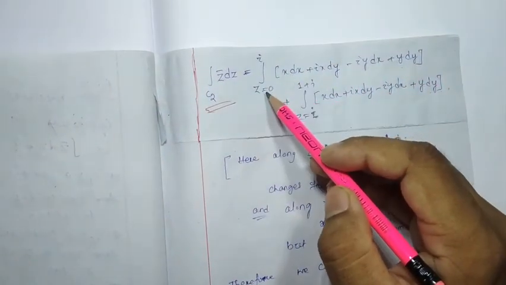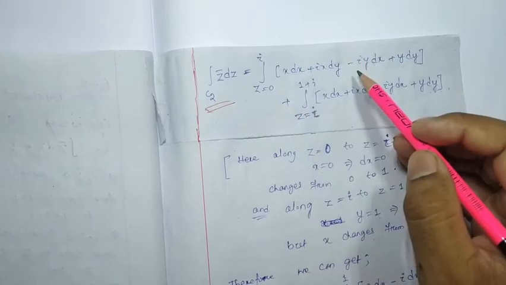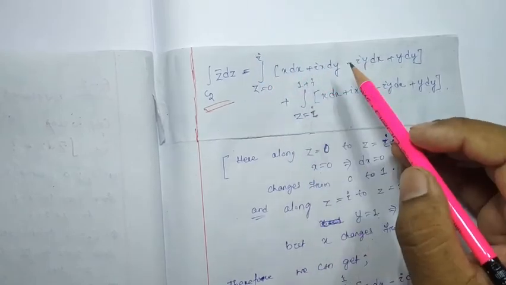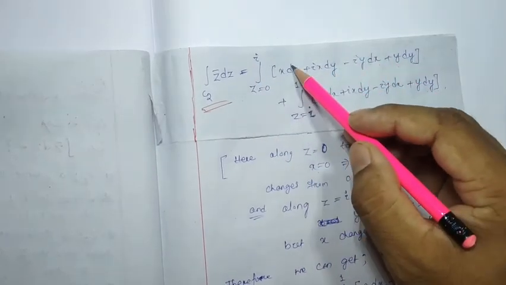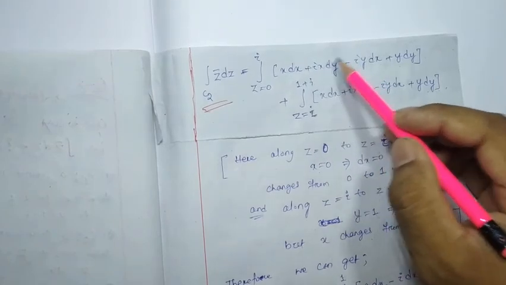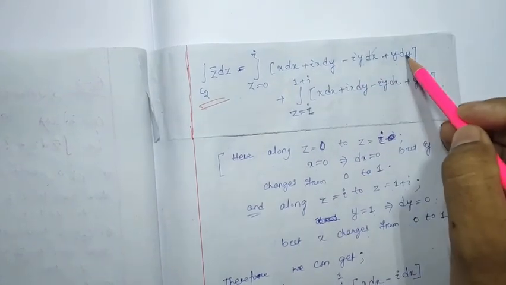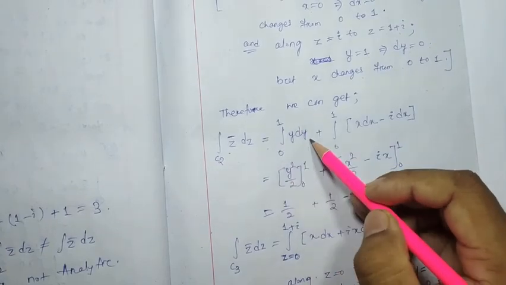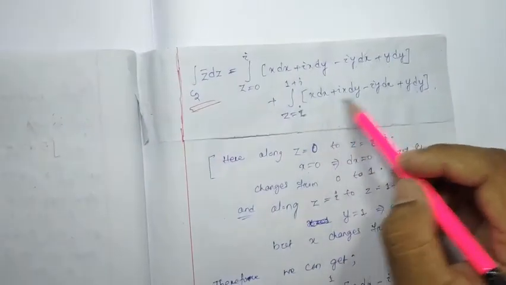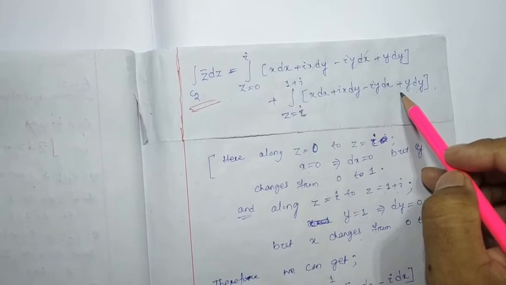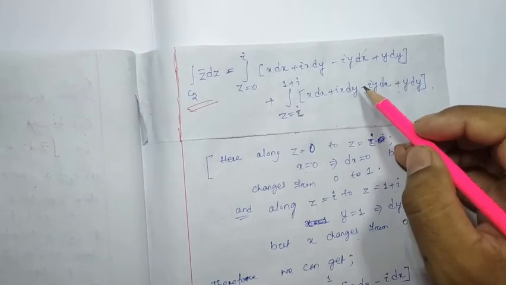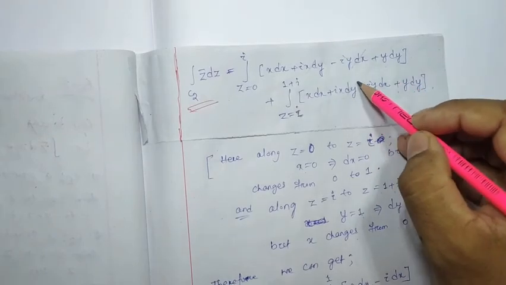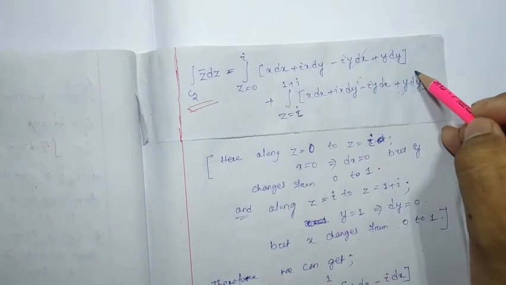Along 0 to i, x equal to 0 and dx equal to 0. That means this term is going to cancel, only y dy will be there, so integral from 0 to 1 of y dy. Next, here y is constant, so the dy term is going to be 0.